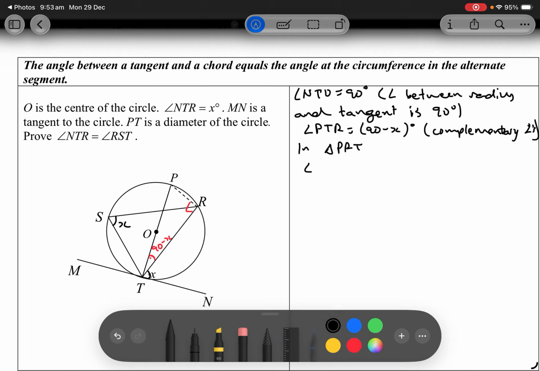So let me write that in. So angle PRT equals 90 degrees. And we know this because the angle in a semicircle is a right angle.